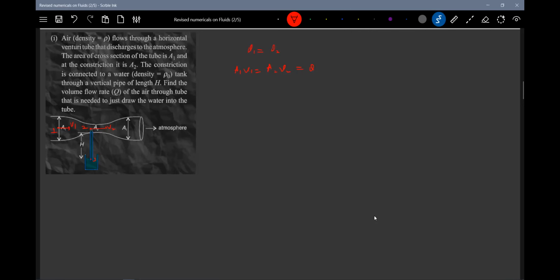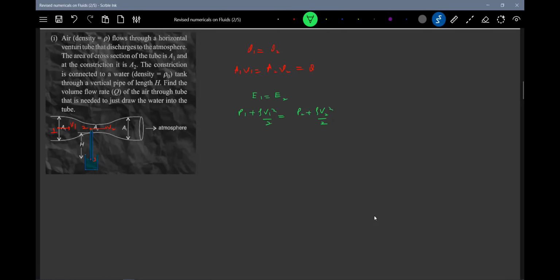Okay, applying Bernoulli's theorem at 1 and 2: P1 plus half rho V1 square equals P2 plus half rho V2 square.